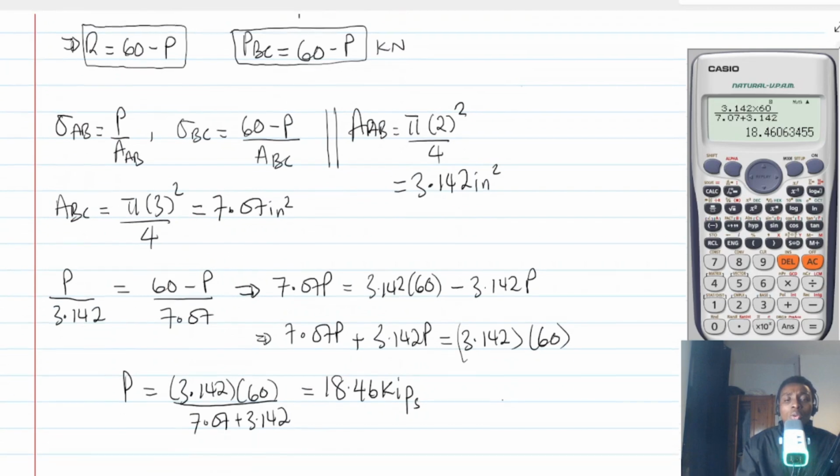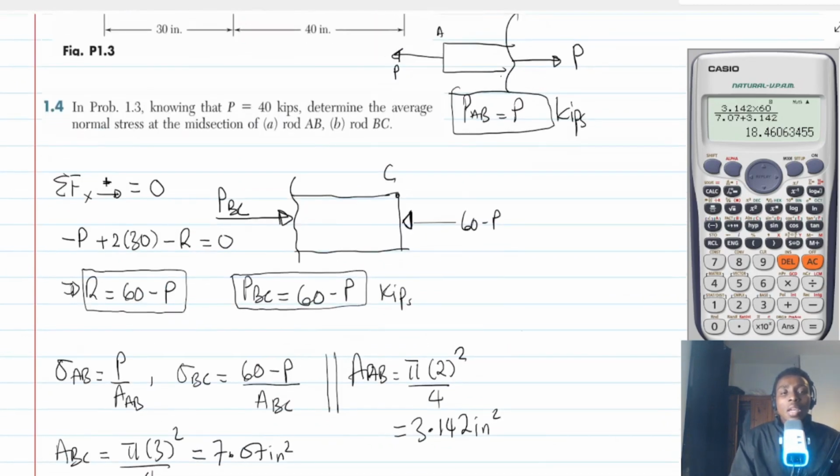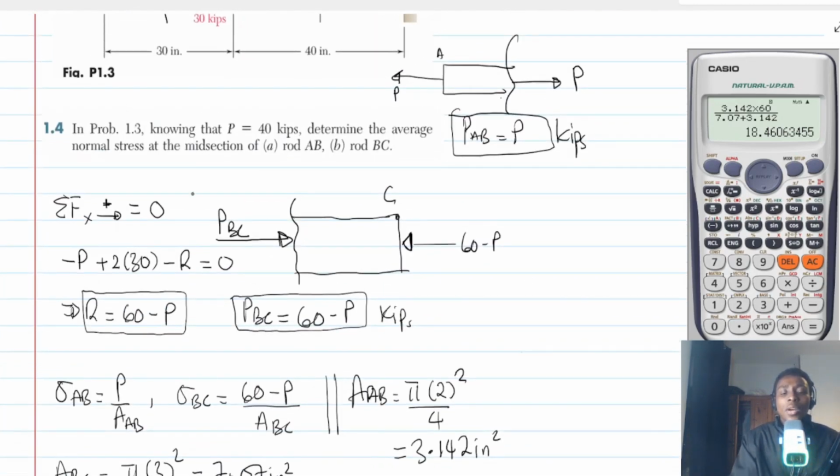Now, can you solve the second part of the problem? This is what he's trying to say. He says that if we now know that P is 40 kips, all right. Most of us are familiar with the kilonewton, but it's almost the same.